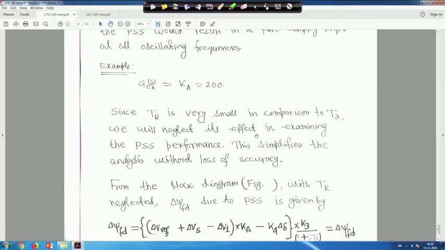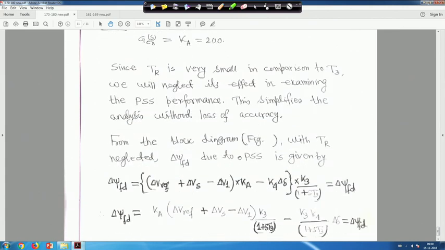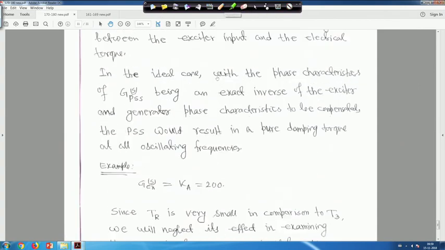So, this is from the block diagram, figure 31. With TR neglected, the delta psi FD due to PSS is given by this. So, you will go back to this figure.